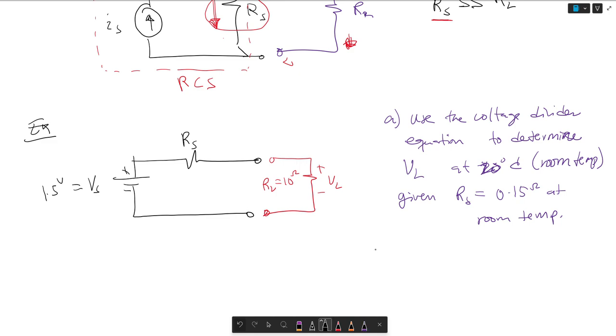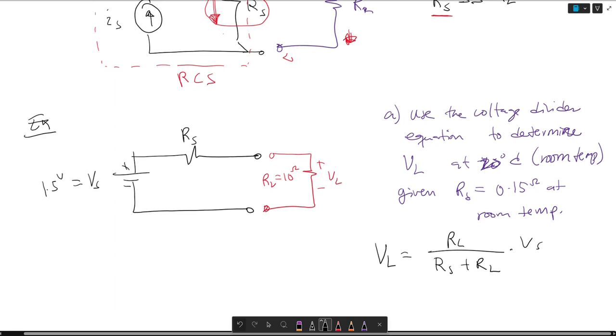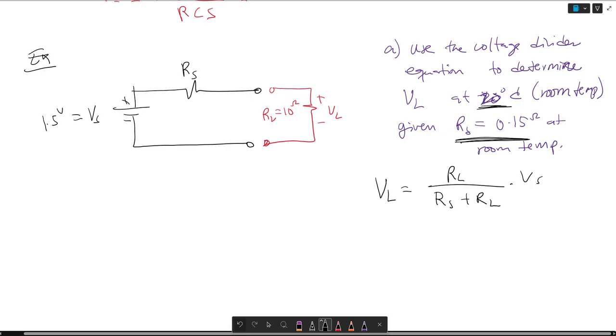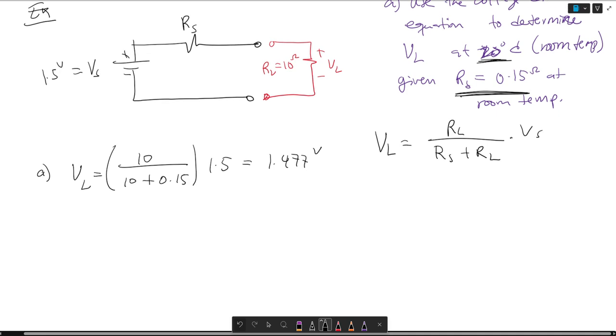The voltage divider equation says VL is equal to RL over RS plus RL times VS. It asks what VL is at RS equal to 0.15 at a room temperature of 20 degrees Celsius. For A, VL is equal to 10 over 10 plus 0.15 times 1.5, which is equal to 1.477 volts.